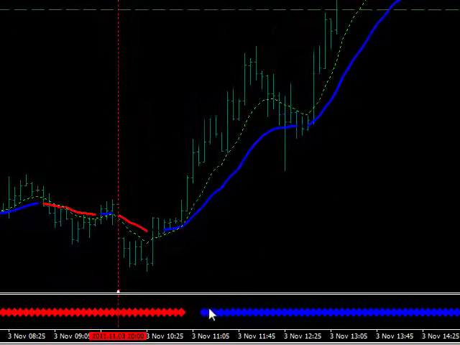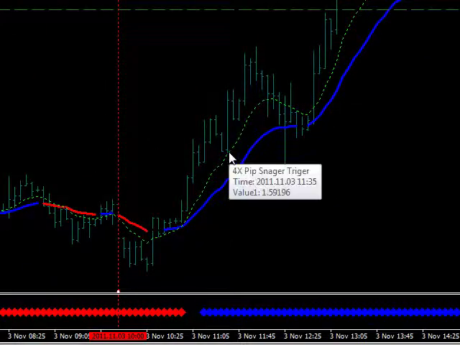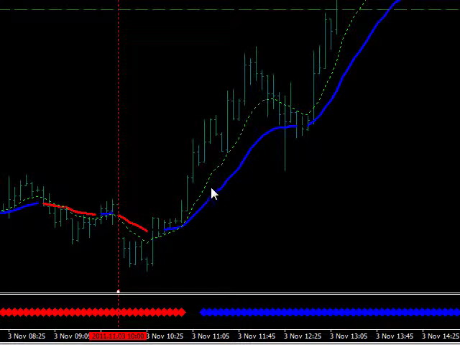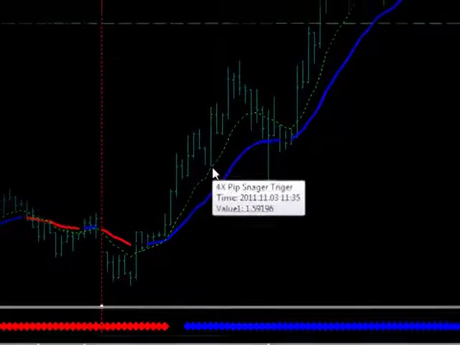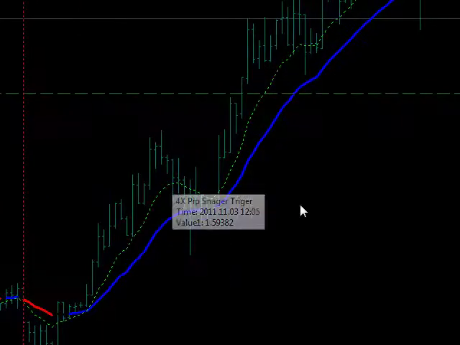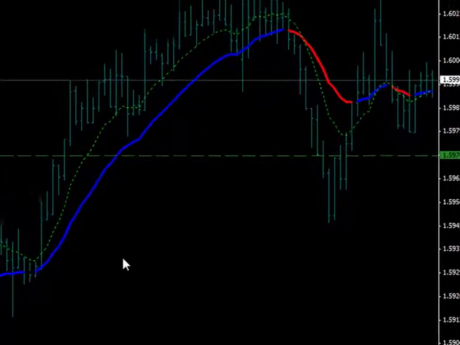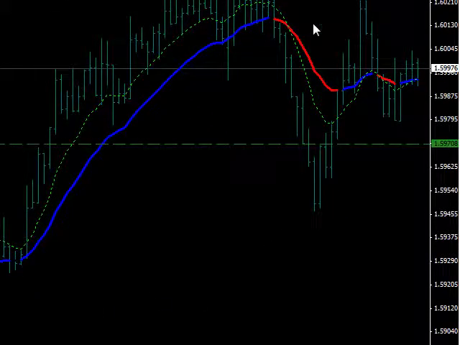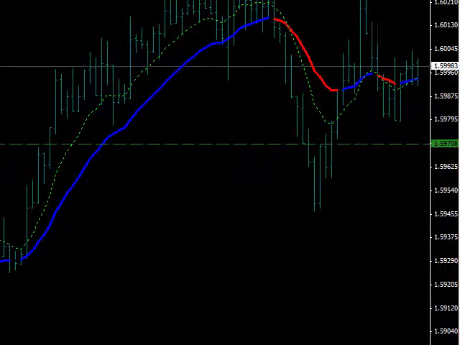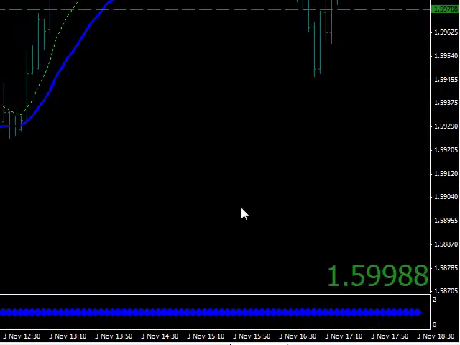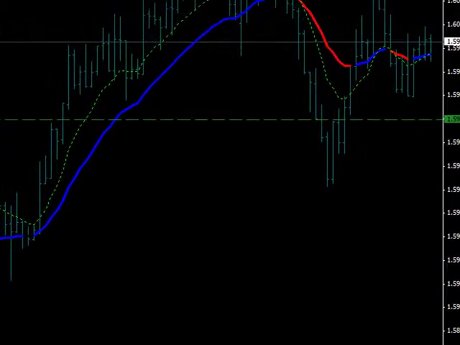Just like the euro, it didn't give you the ideal opportunity to pull back into the gap formation, but you got to buy a dip here, or in here, or in here, all the way up. Some nice dips to buy. It did not do much when the euro crashed down, and it went back up again. So there was no trade in here as it was blue throughout that craziness. Okay, so that is the pound.